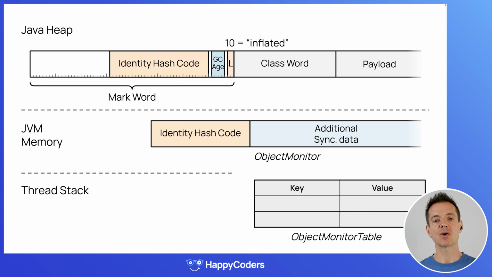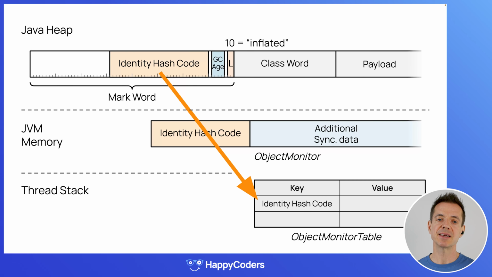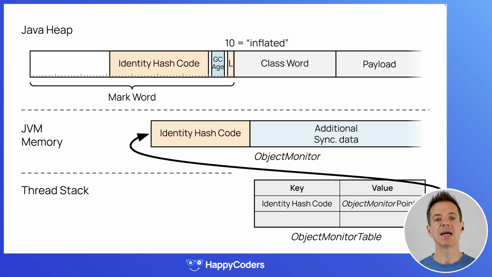Instead, it is stored in a global hash table, the object monitor table. The key is, this is a somewhat simplified representation, the identity hash code of the object, and the value is a pointer to the object monitor. This allows the JVM to find the corresponding object monitor using the object's identity hash code. And that's all there is to it.